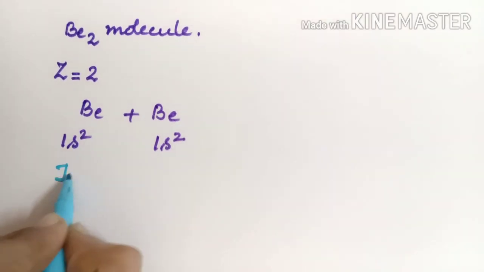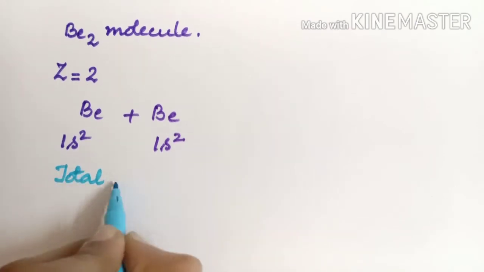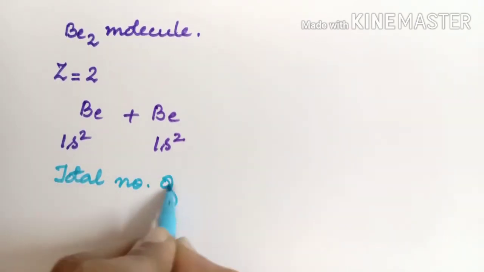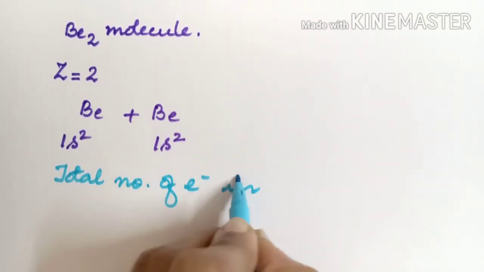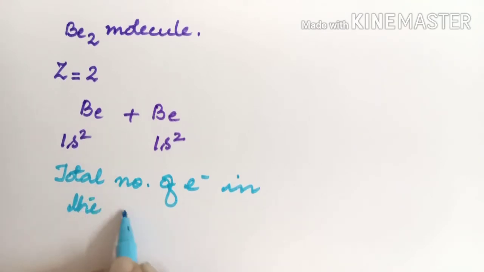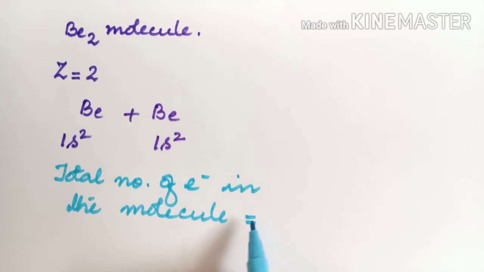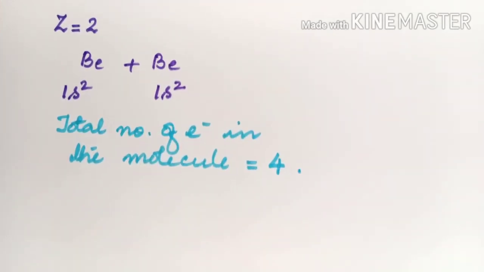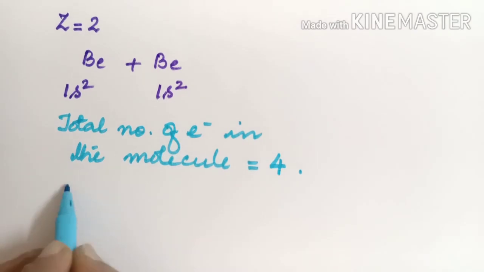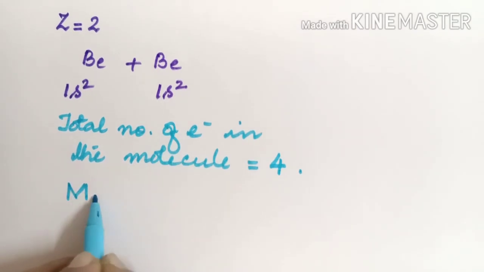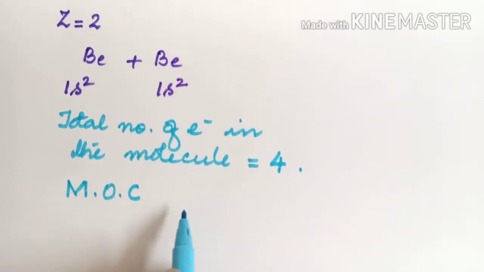So total number of electrons in the molecule is 4. Now, what is the molecular orbital configuration? So, I am writing it as MOC, molecular orbital configuration.